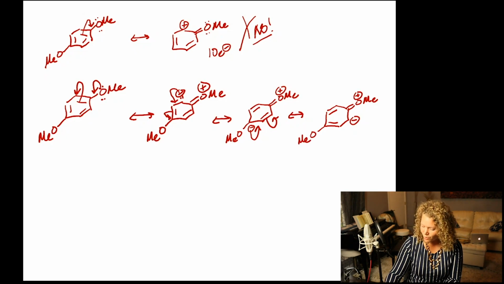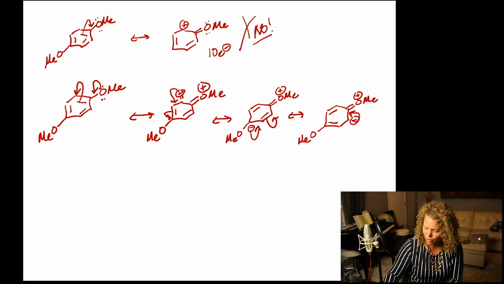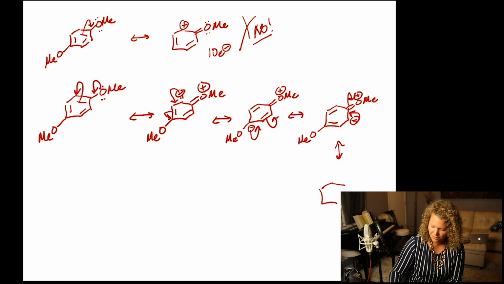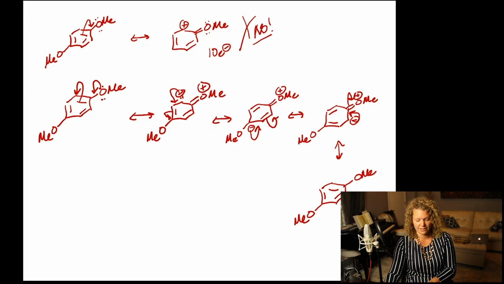Okay, and then we can draw one more to get us back to our major resonance structure, which is the one that was drawn originally. And here it is, fully aromatic, a very happy compound. And there you have it.